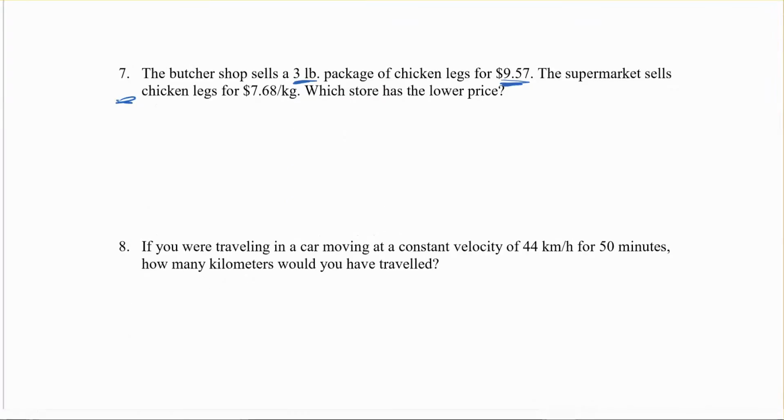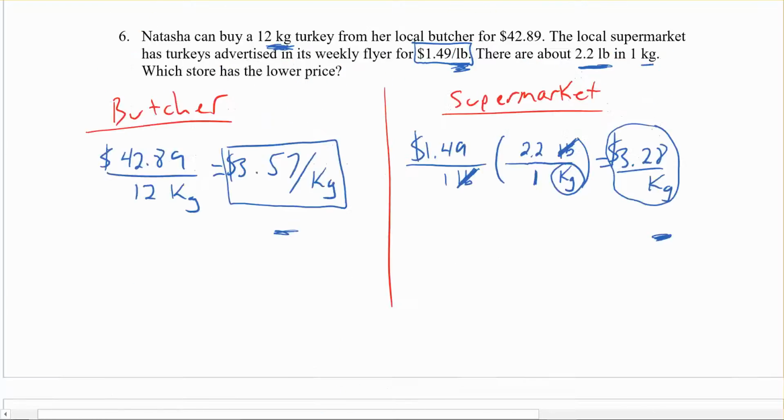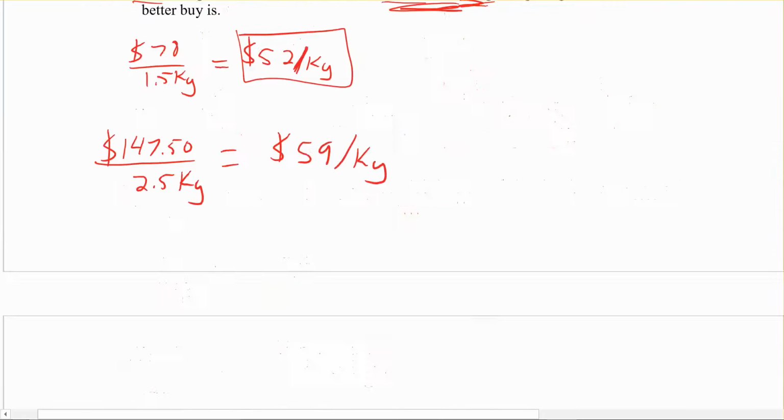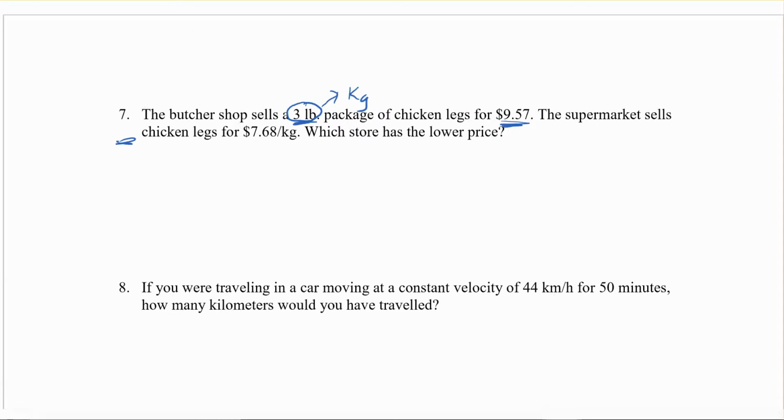But what I'd recommend, and it'd probably be easier, is to change 3 pounds into kilograms right off the bat. Because then we just have to do what we were doing in the first ones in the last video: this dollar value over this in kilograms, and then you'll be able to compare that to this one when you're done.